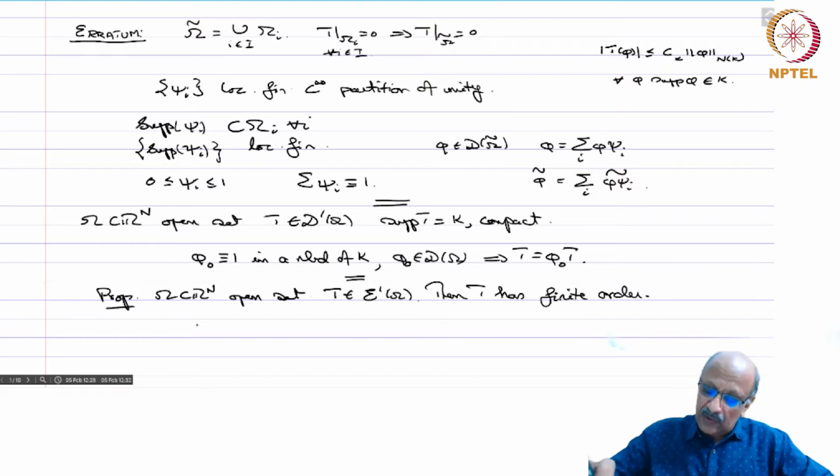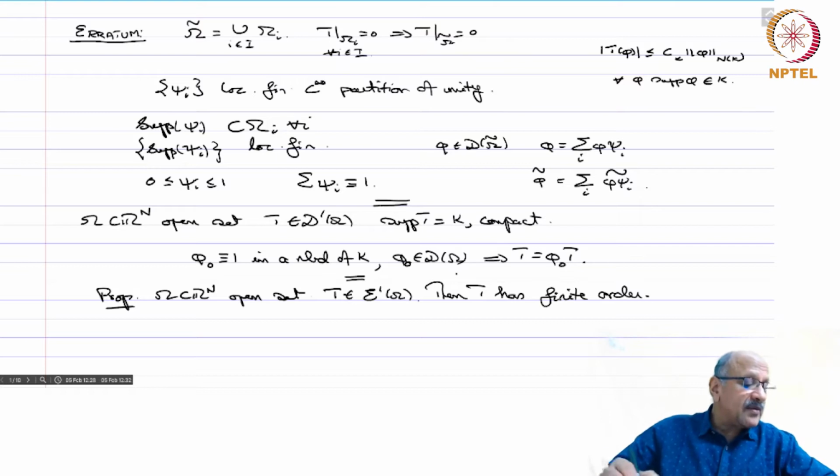Here we want to show that every distribution with compact support is in fact a distribution of finite order.